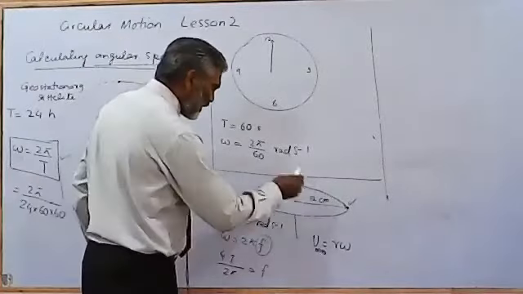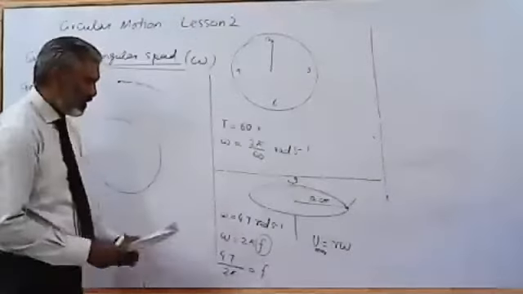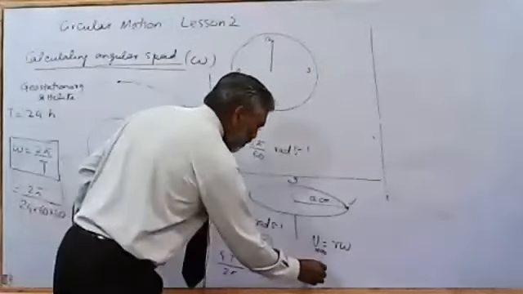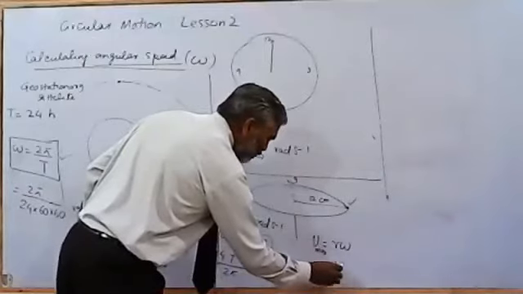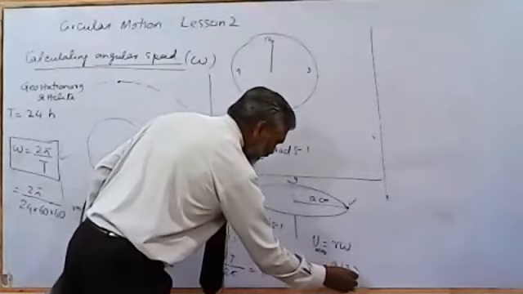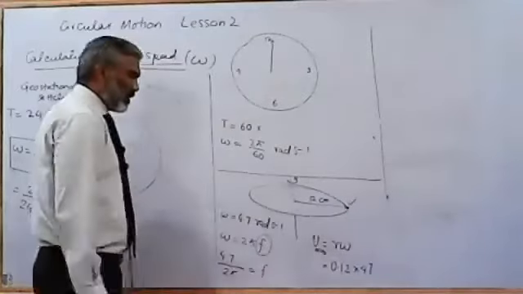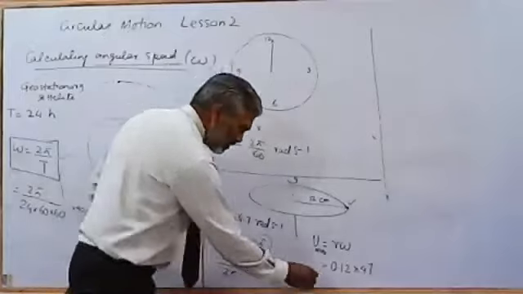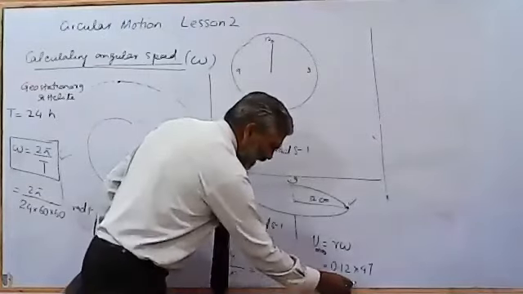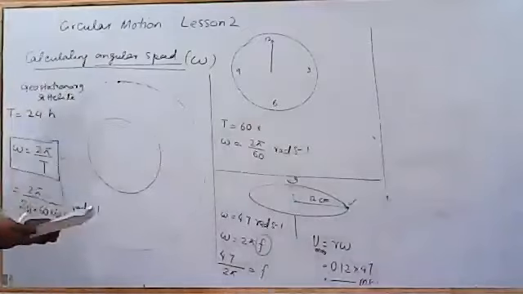So if I rotate with this value of f or with this omega, v max should be this 12 expressed in meters as 0.12 meters into 4.7 radian per second. So this answer will be expressed in meter per second as the maximum speed of the object.